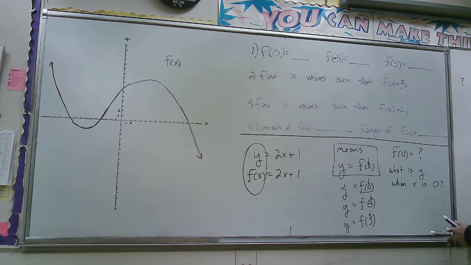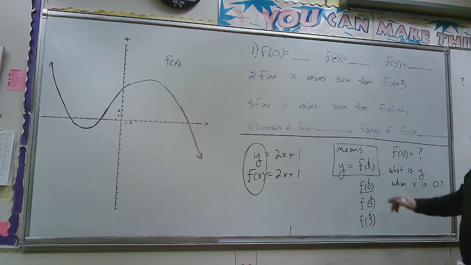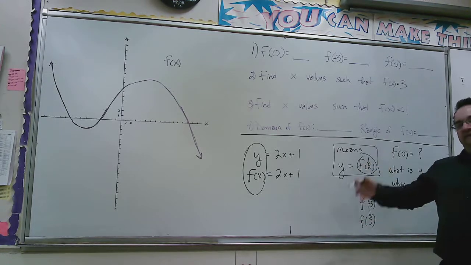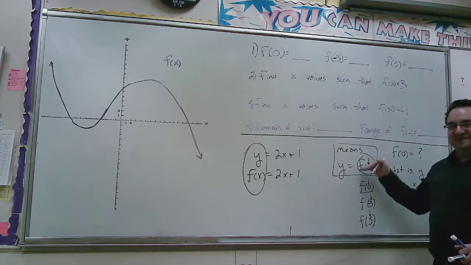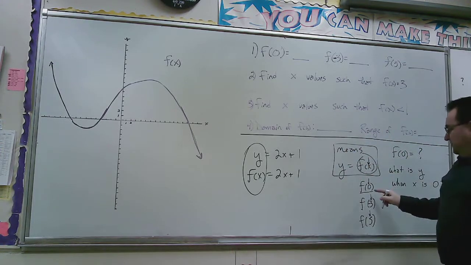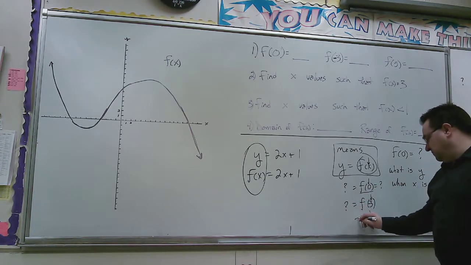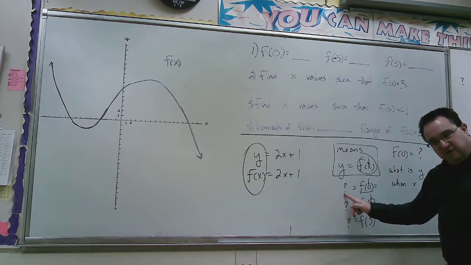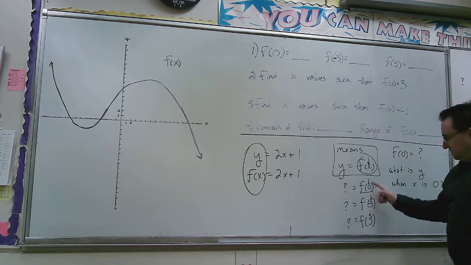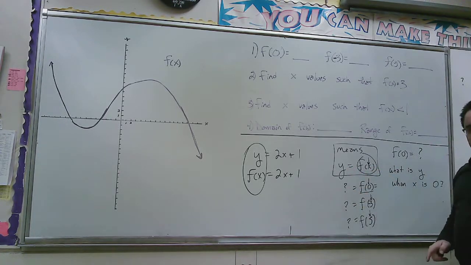I don't like how that probably looks to you. Let's get rid of this. The whole f of x is the y. So when I say, what does this equal? This is the y value you get when x is 0. See, 0's in the x slot. What goes in the y slot?